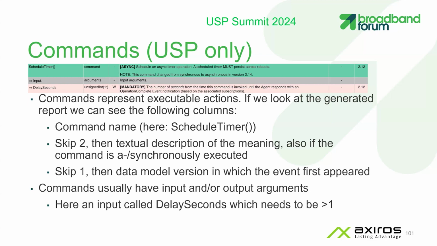So you have to wait at least 1 second, and that's a mandatory input argument. So you have to provide it. And that would basically mean if you call the schedule timer with an input argument of delay seconds 5, and you have the proper subscription for that, then in 5 seconds, you will basically receive an event that says, by the way, your timer just ran up. Yeah, indeed.